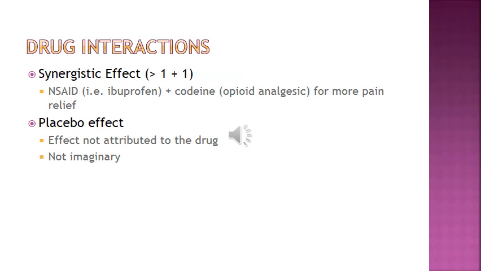When you look at a lot of studies and articles, anytime they study a drug, they want to see whether the person is getting better because of the actual chemical in the drug, or just because they think they're taking something. That would be the placebo effect.